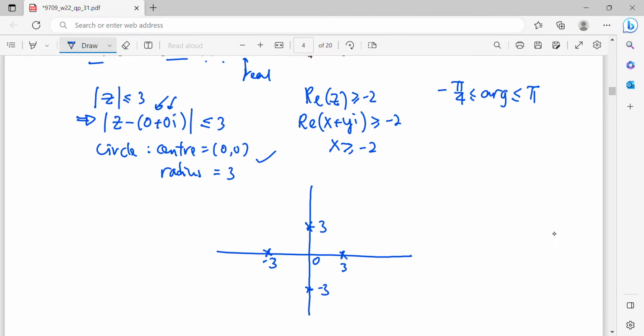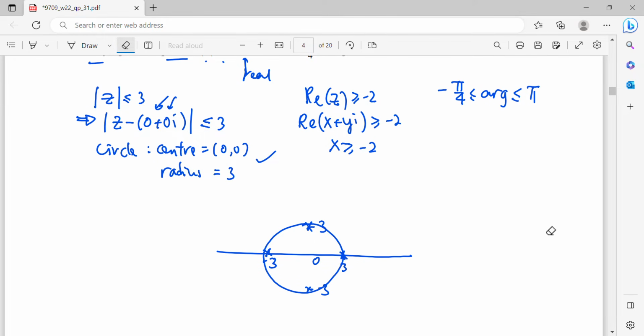Right, so draw the circle. Okay, let's say this is a circle. Please draw the smooth circle. All right. So make sure the distance is the same.